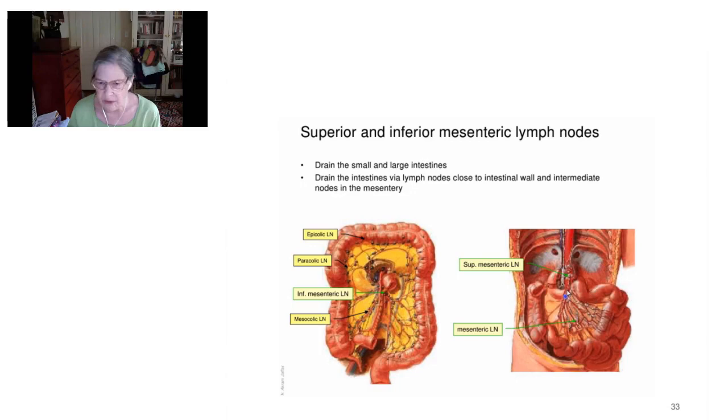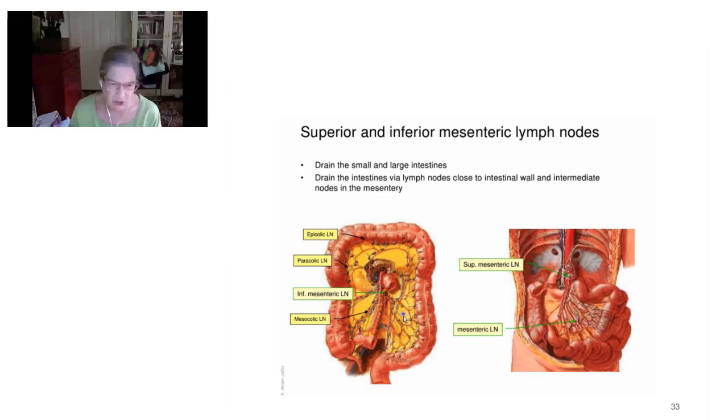And that is going to then dump into this thing called the cisterna chyli, which is a little vessel that goes way up like that and dumps into the thoracic duct. So this is like the major lymphoid system going to the thoracic duct. And the large intestine also has a bunch of draining lymph nodes as well.